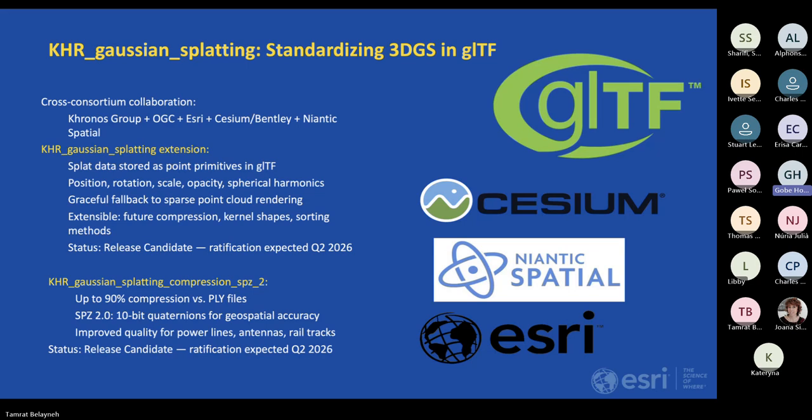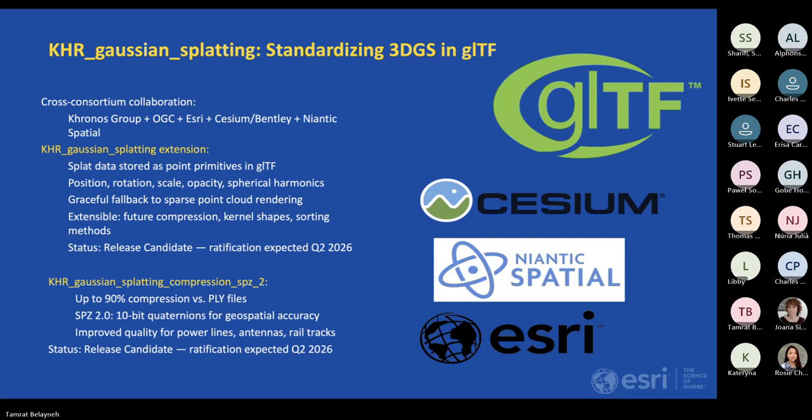But the idea is simple: have the base KHR Gaussian splatting extension that represents the splat data stored as a point primitive, and the basic stuff that I described earlier, position and all that, with the idea that it could be extensible in future. And this has already been released, actually. It says Q2 26, but we just released the release candidate about a month ago, Sean, I think, or so.